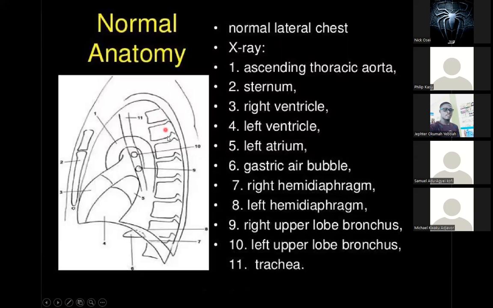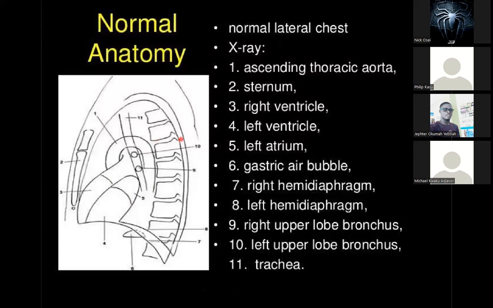The vertebrae are also shown here nicely. The trachea again is showing here. So it's important to note some of these structures so that when you are commenting on an X-ray, you'll be able to know where pathology might be.